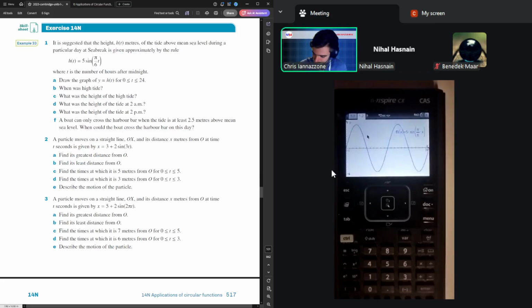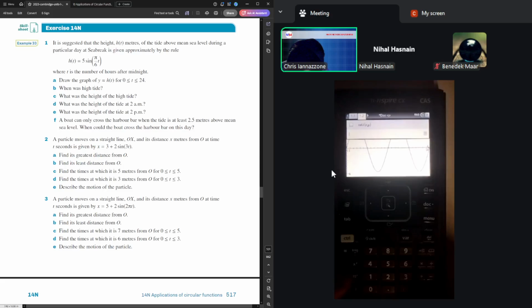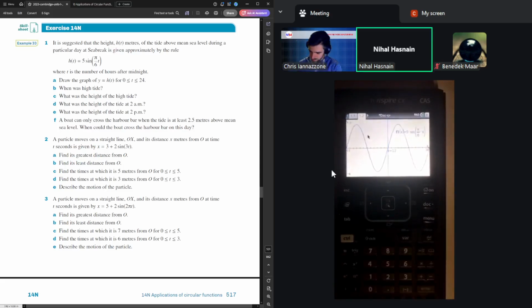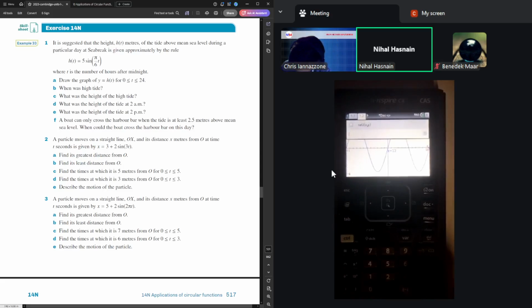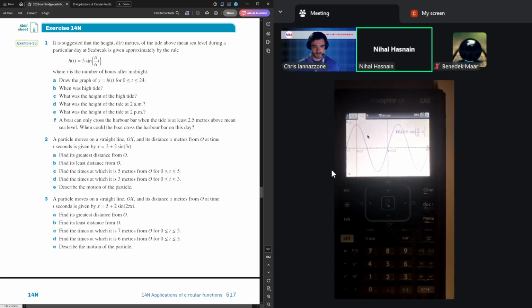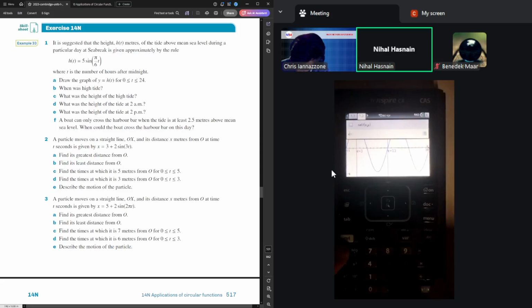And we can divide the period by 4 to get the position of the first high tide, as a sine function. So that's going to be 3. Okay, nice. High tide at 3, and the next high tide is 12 plus 3, which is 15.